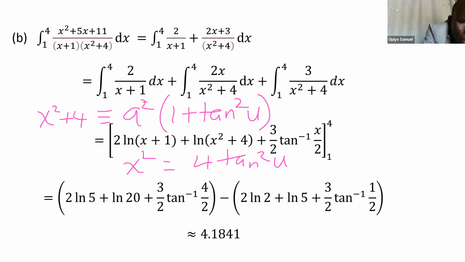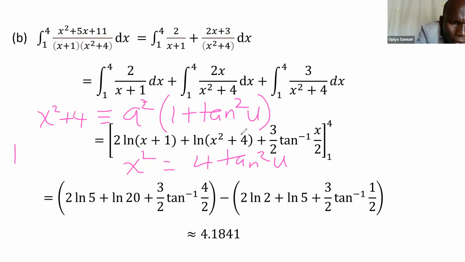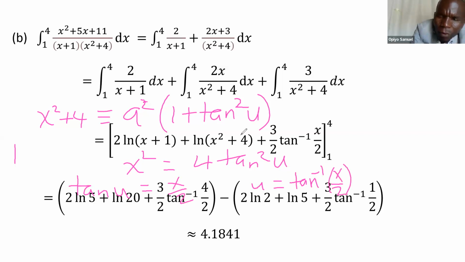So from here we can see that tan of u equals to x out of 2. So u itself is going to be tan inverse of x out of 2. So that will be our u.